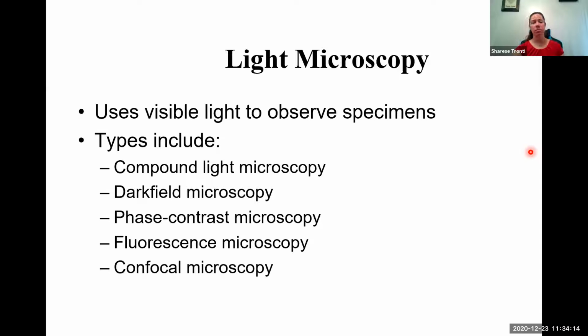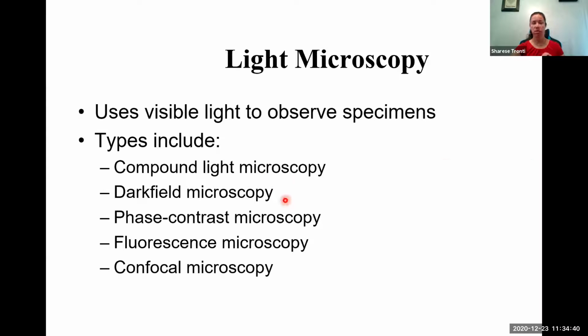But we're mostly going to be talking about light microscopy, which, as the name suggests, uses visible light to observe specimens. There are several types of light microscopy. The first three named here, we're going to be doing in the lab. Our microscopes will have this capability. That includes compound light microscopy, which can be bright field.